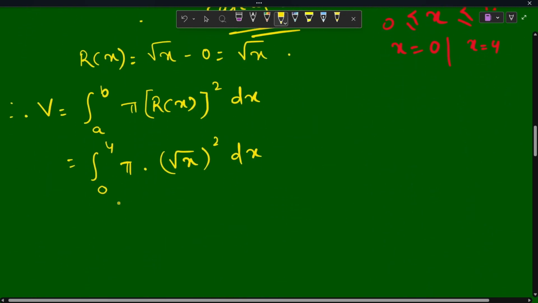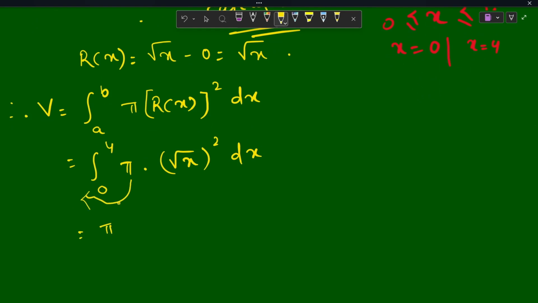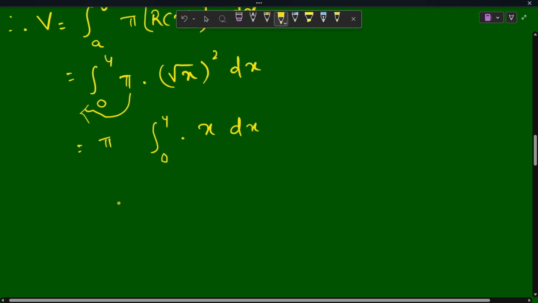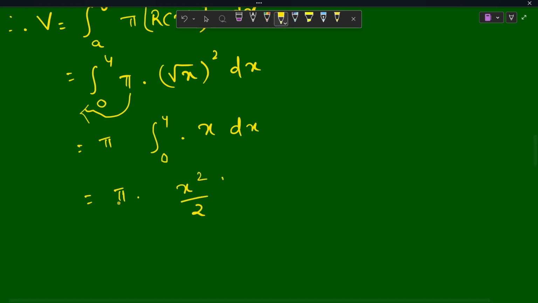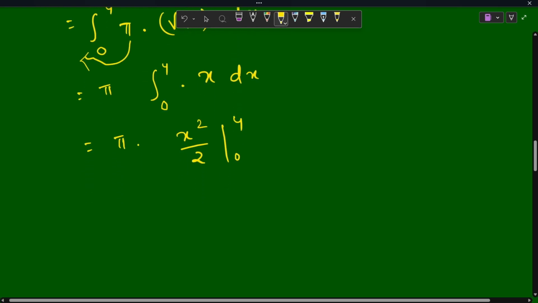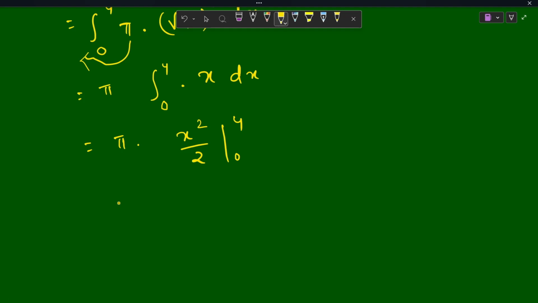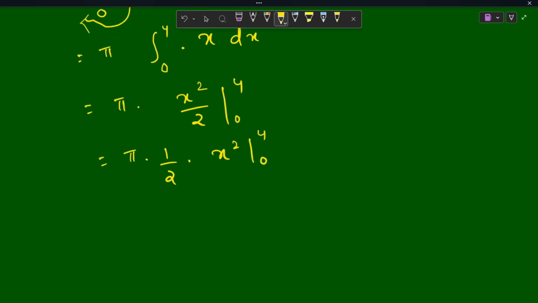Now this pi is a constant, so it will go outside of the integration. So it would be pi times the integral from 0 to 4 of root x whole square, which is x dx. Now let's integrate this one. The integral of x is x square by 2 from 0 to 4. This 1 by 2 is a constant and has no impact on the integral value, so I can take it outside. So this is pi by 2 times x square from 0 to 4.